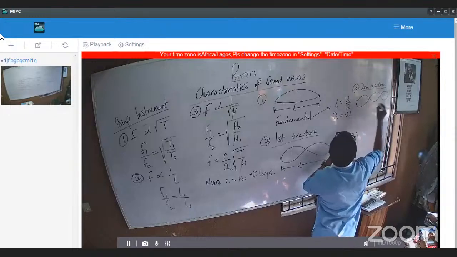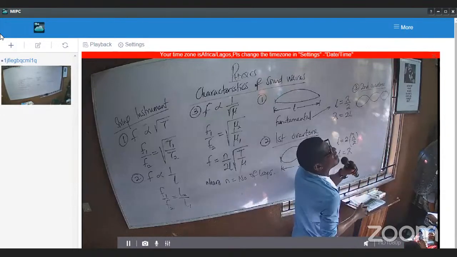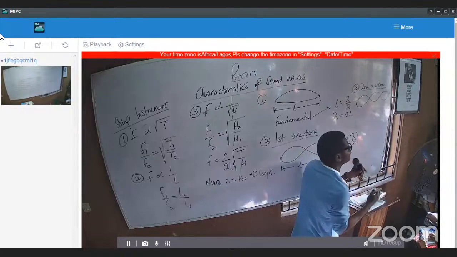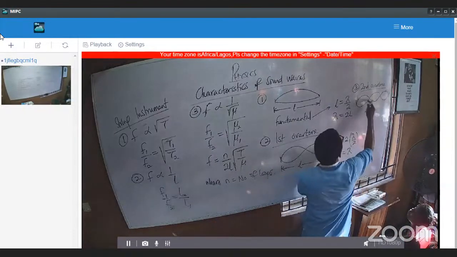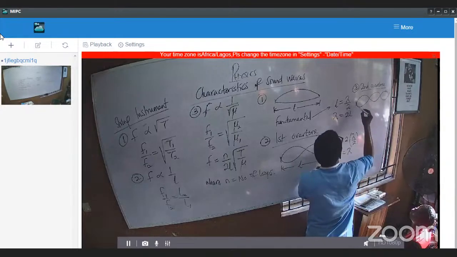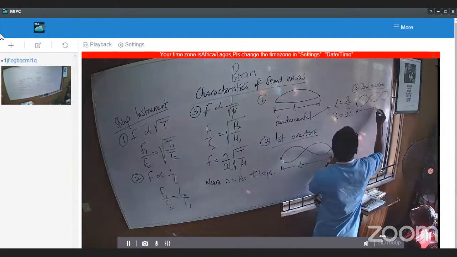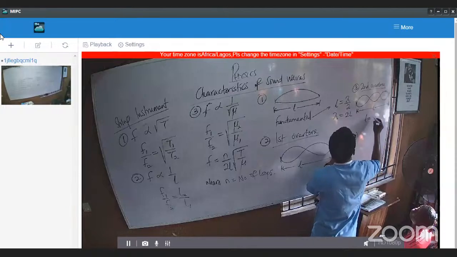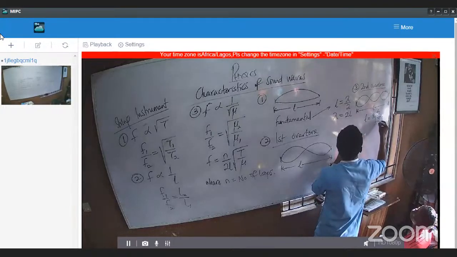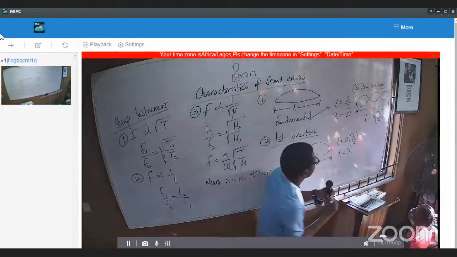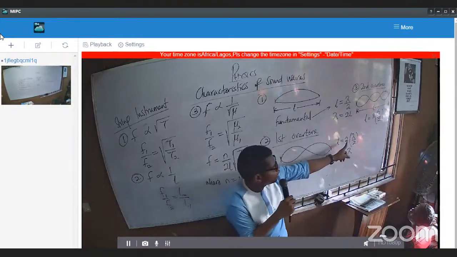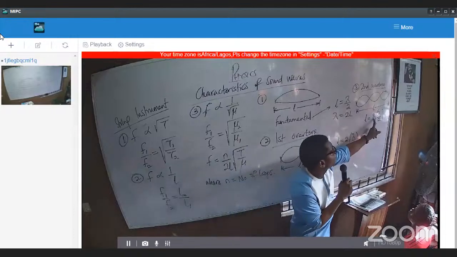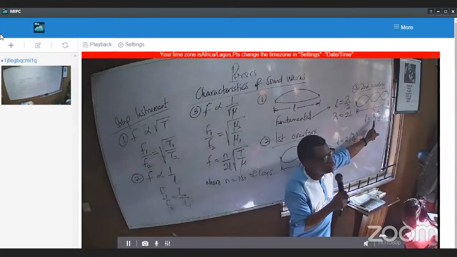If you are at the 10th overtone, we are going to have 11 segments, as we call it in physics. First overtone, 2 segments. Second overtone, 3 segments. So L now will be 3 times lambda over 2. Seventh overtone, we're going to have 8.